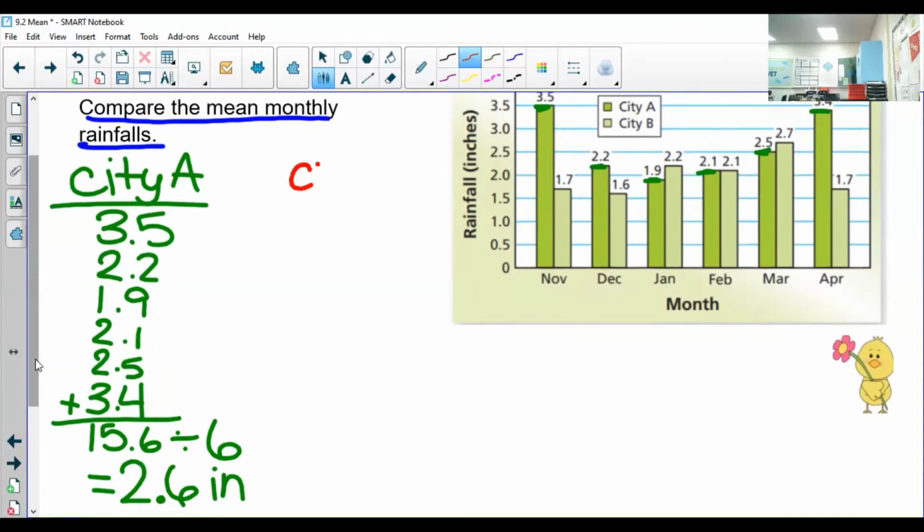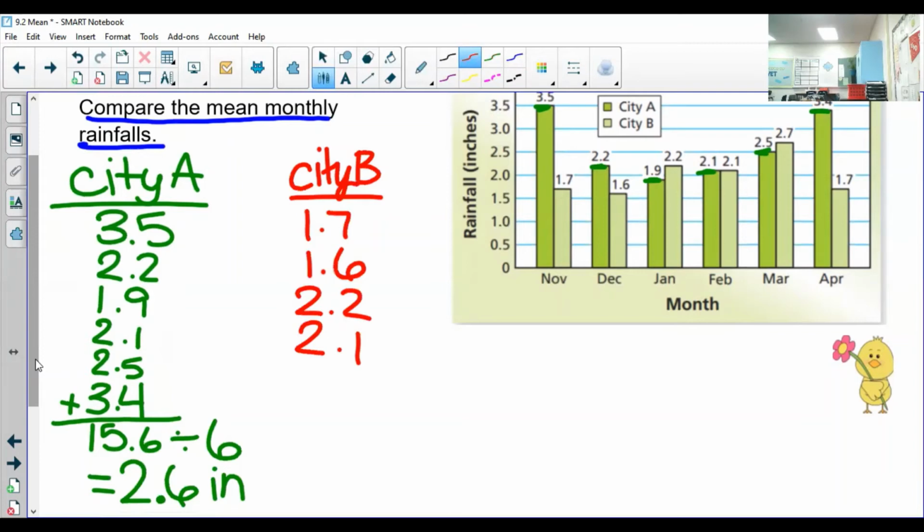Next, we're going to do city B. So we're going to list off all the numbers. 1.7, 1.6, 2.2, 2.1, and what's last? 2.7 plus 1.7.